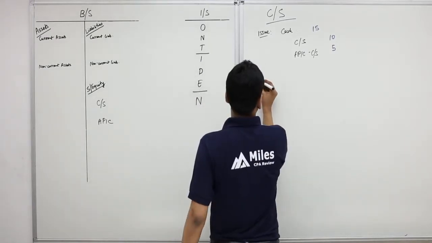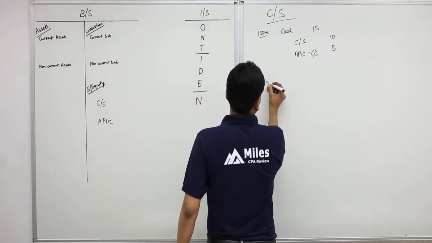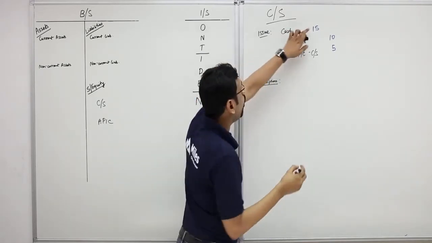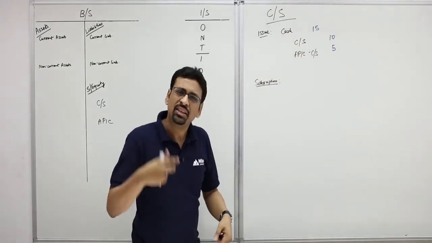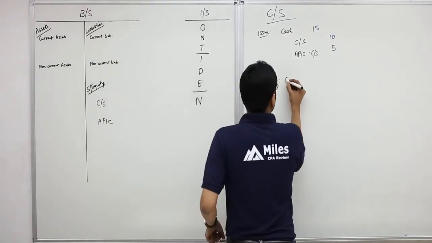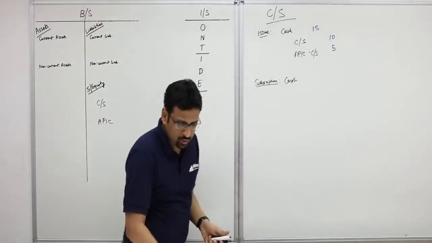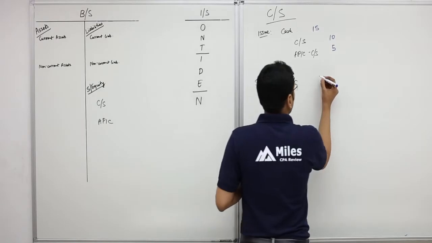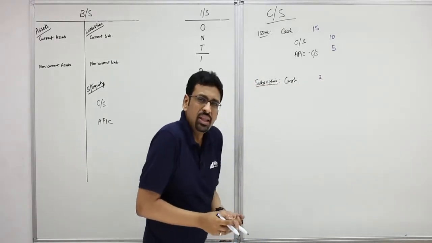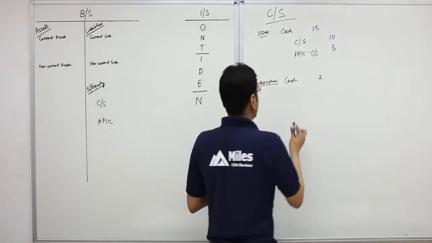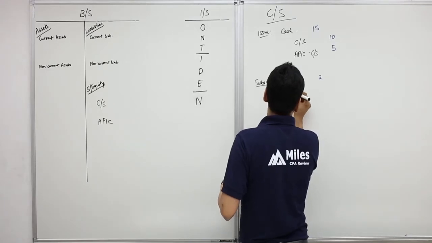So let's look at subscriptions. So instead of getting all the $15 in cash right away, they just got $2. So cash came in not 15 but just 2. How about the remaining 13? That was receivable. So you have subscription receivable.